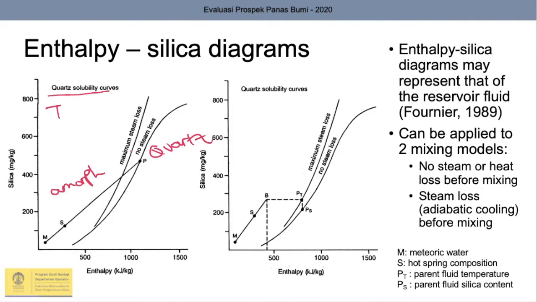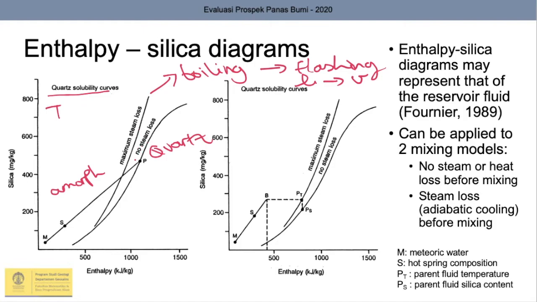So here we have maximum steam loss and no steam loss. They differ in that when you have a maximum steam loss, it means that there is boiling occurring in the reservoir, meaning that there is flashing, because it separates the liquid and the vapor from each other.